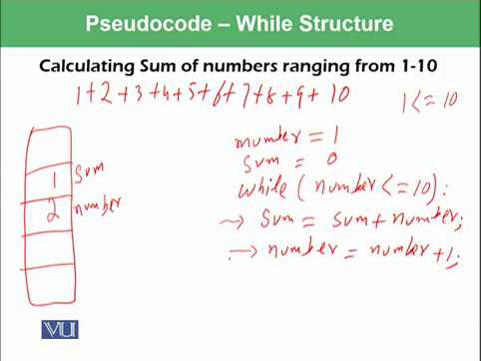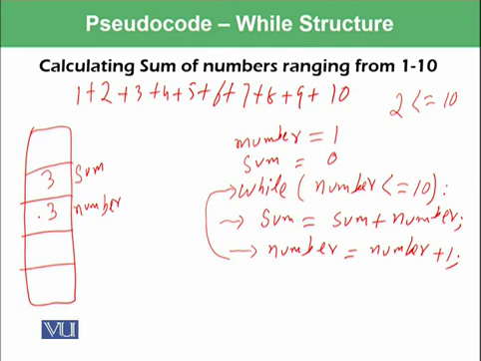Next time it will move again over here, and number is 2. 2 is less than or equal to 10, the condition is true. So it is coming over here: 2 plus 1 is 3. So it is storing 3 here, and then the number is incremented to 3.